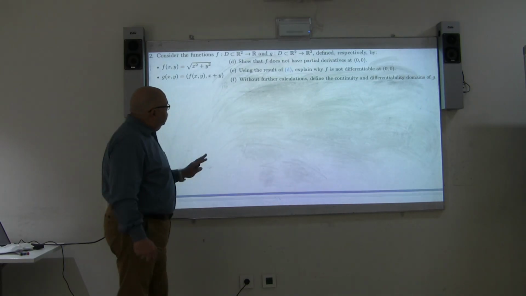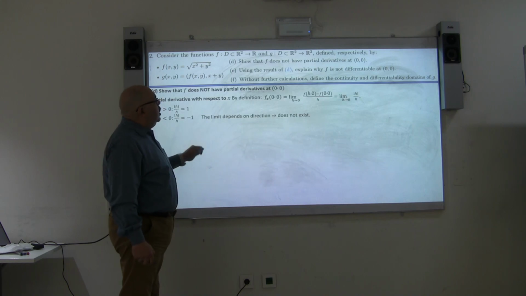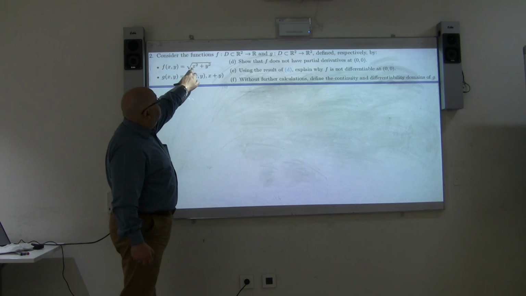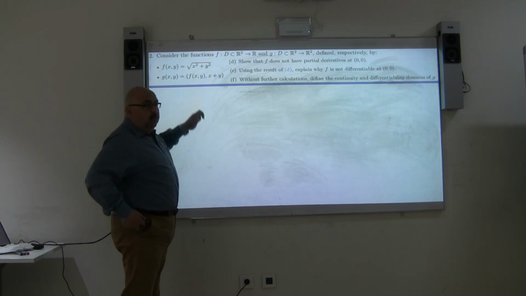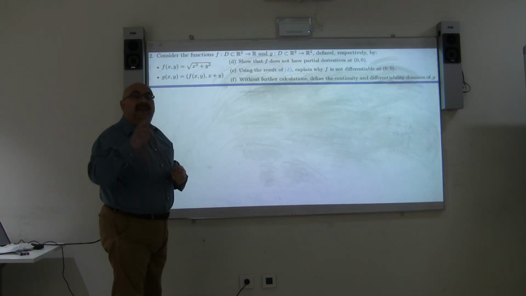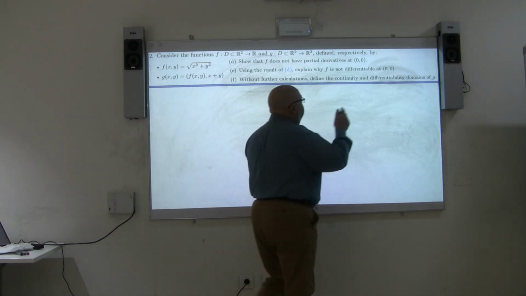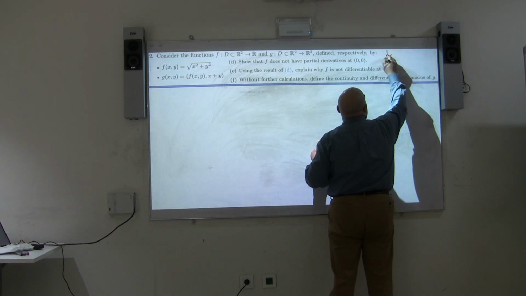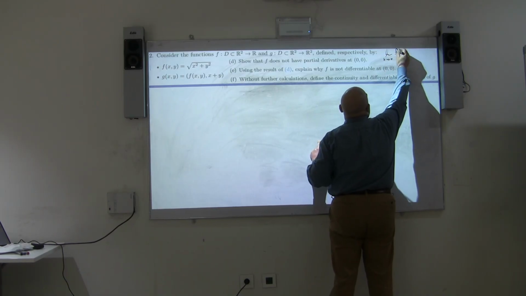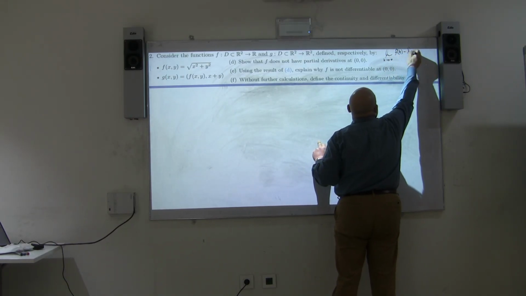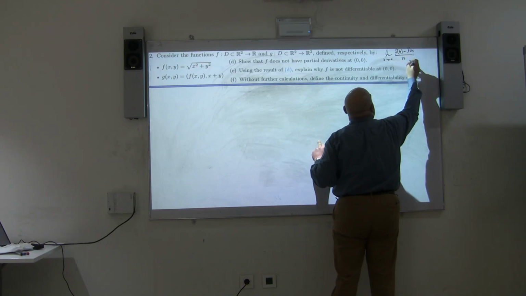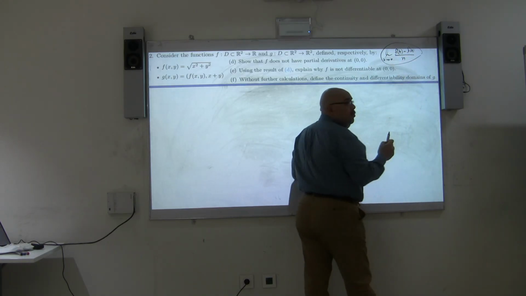All I have to do is to start with the partial derivatives. For the function root of x squared plus y squared, you will use the limit definition of the derivative, which, if you remember, is the limit as h tends to 0 of f of h minus f at 0, divided by h. That's the main derivative law.